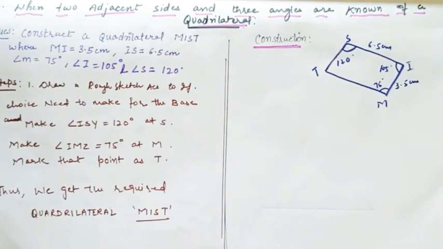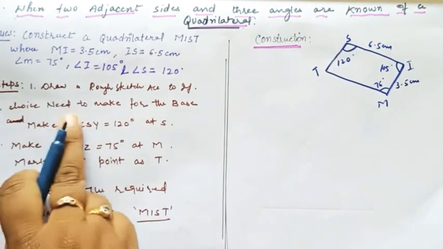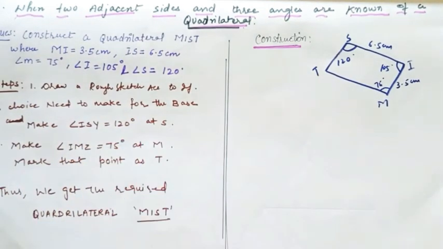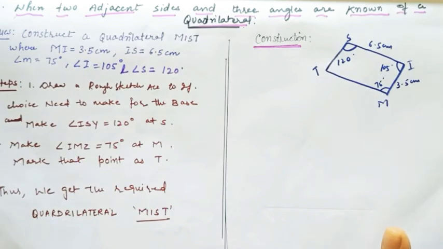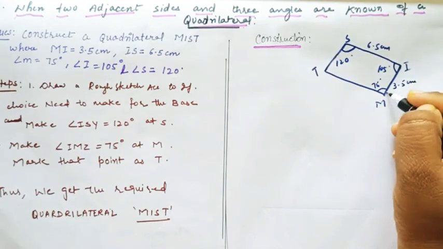What the second step says is, we need to choose the base. In the previous condition we used to take the quadrilateral base and draw, but here we need to select the base in such a way that on both sides there should be angles.